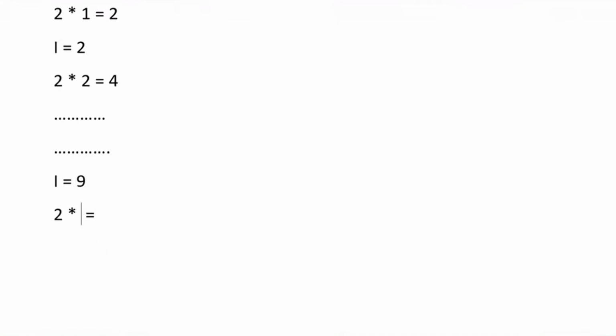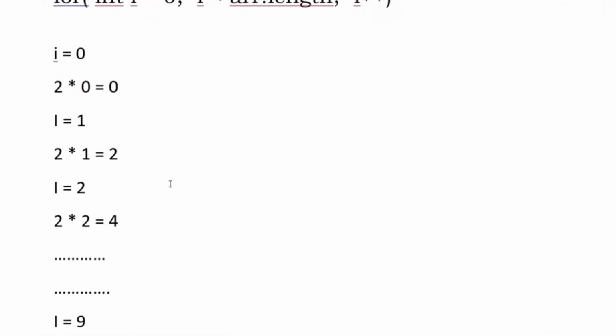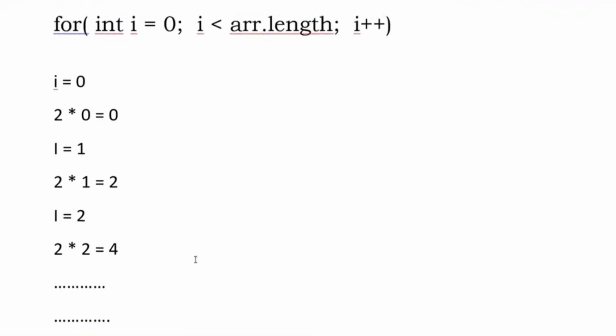So i equals 9 and 2 9s are 18. But our 2's table is not complete because 2 10s are 20. But here it is 18. So how are we going to complete this? If I add plus 2, then 0 plus 2 equals 2.